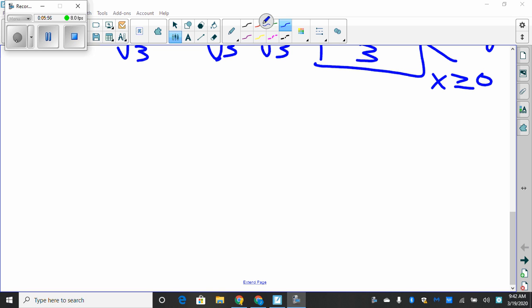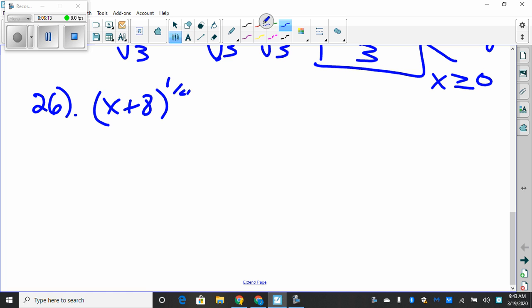I believe, number 26. Now, the answer is no solution, and you'll see why in a second. So the problem was x plus 8 to the 1/4 plus 1 equals 0. And I want you to kind of think about this.